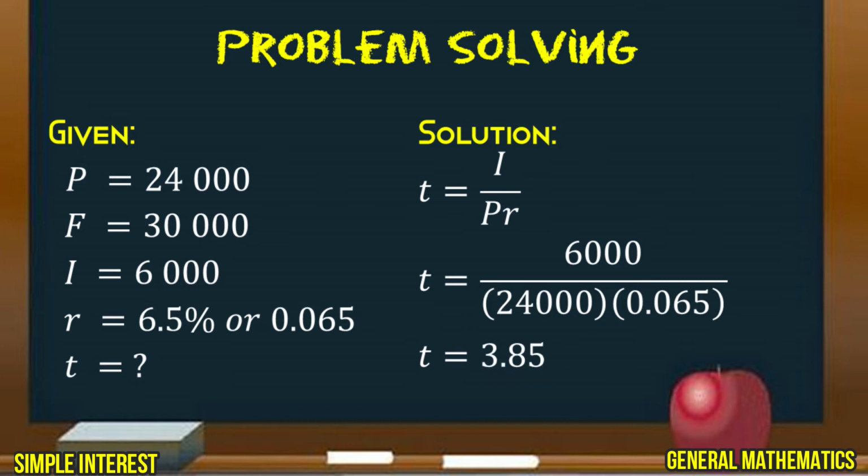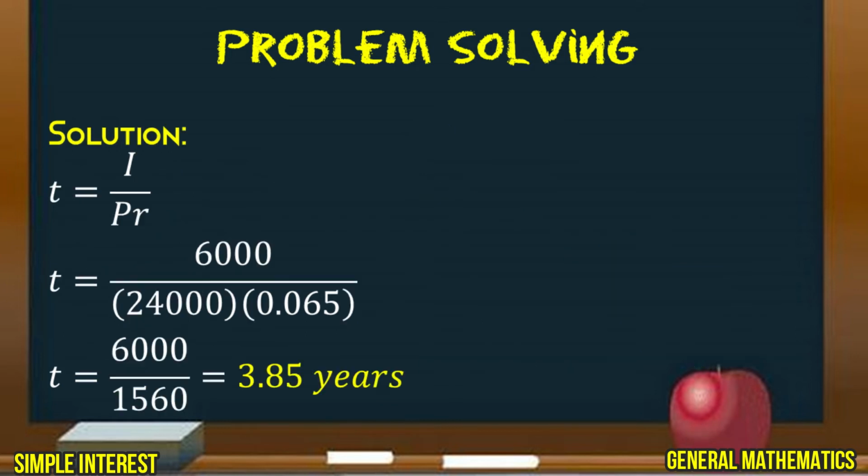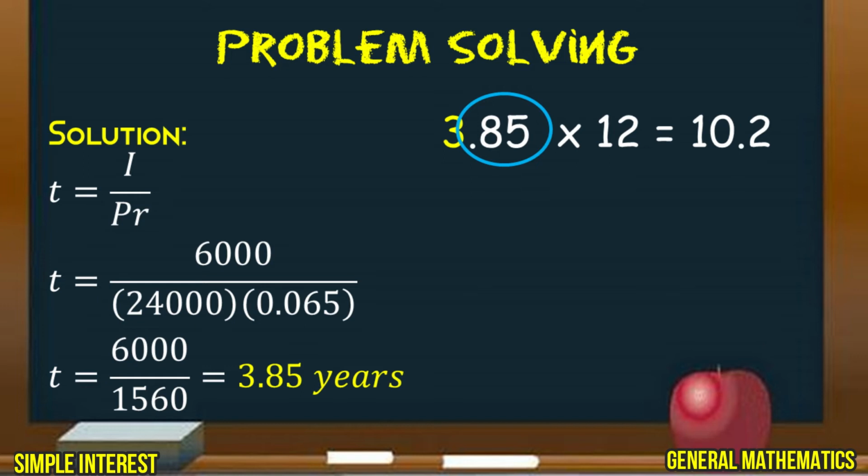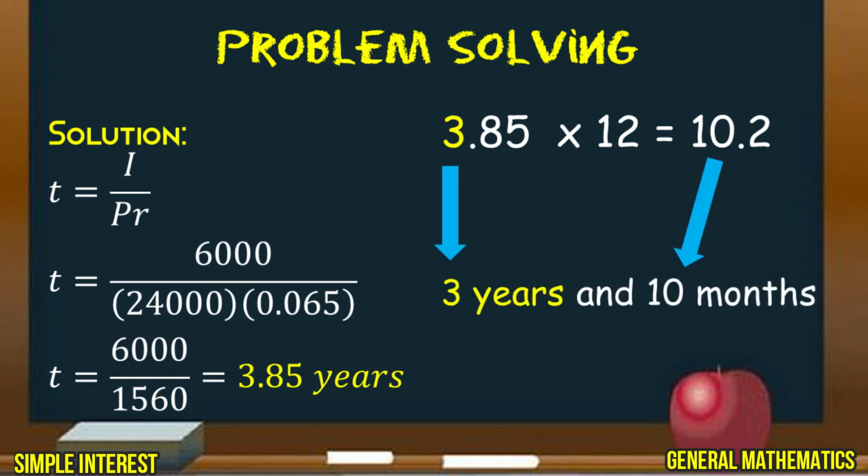Thus, T is equal to 3.85 years or 3 years and 10 months. To get the exact number of years and months, multiply 0.85 by 12 because there are 12 months in a year. The answer is 10.2 or approximately 10. That is why we get 3 years and 10 months.